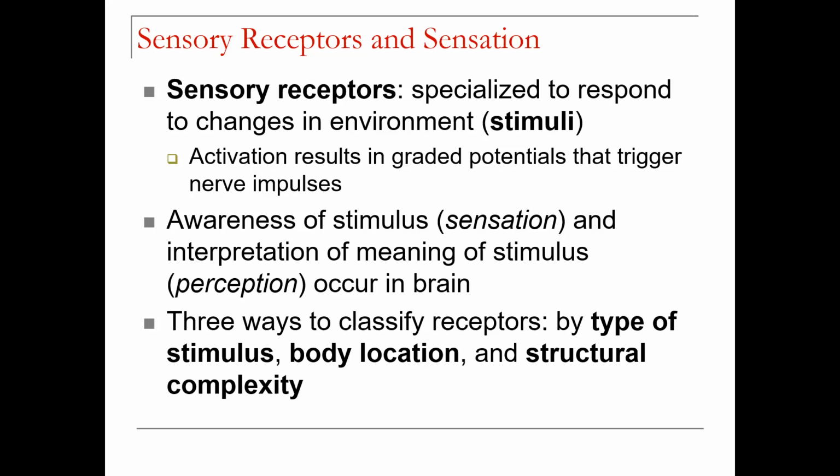Because yes, the nerve impulses coming off the sensory receptors all look the same. Every nerve impulse looks exactly the same as any other nerve impulse, but it's the part of the brain that receives that impulse that can then interpret it and say, that's vision, or over here, that's sound, or down here, that's odor.